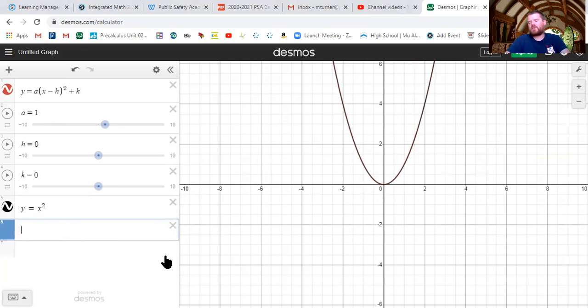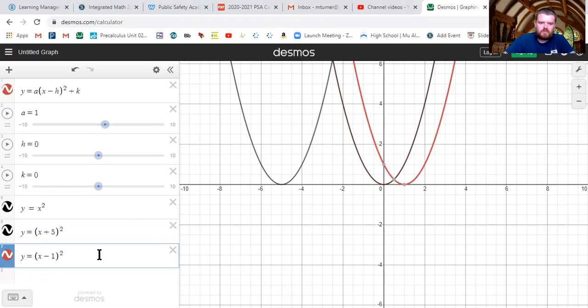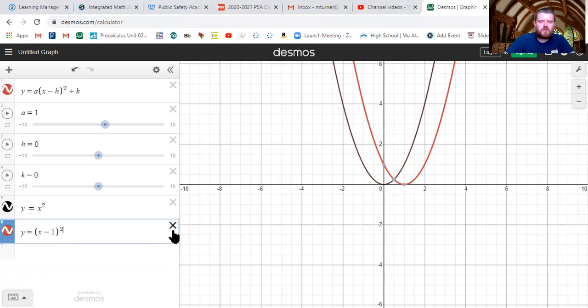So same thing, I could ask you to describe a function that has been shifted 5 units to the left, and you would tell me y equals x plus 5 quantity squared. Describe a function that's been shifted 1 space to the right: x minus 1 quantity squared. And then we could put those two things together.